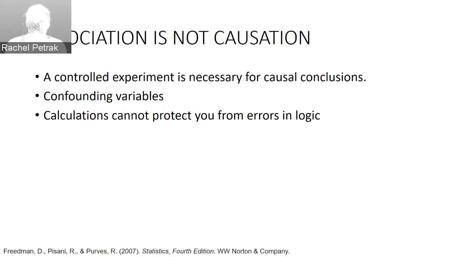The main reason we can't say X causes Y is because of confounding variables. An experiment that's controlled and randomized based on potential confounders allows us to address confounding of variables in the experimental design.